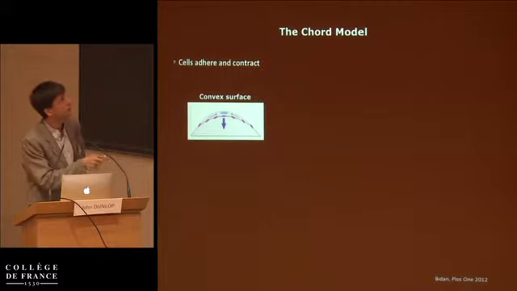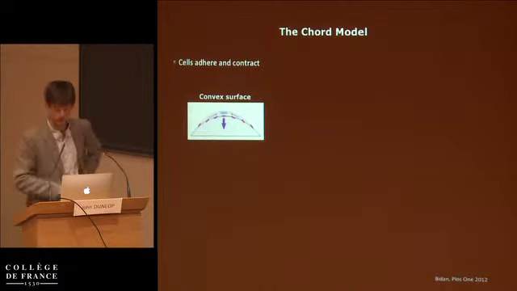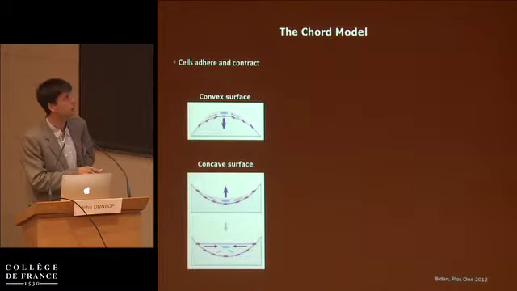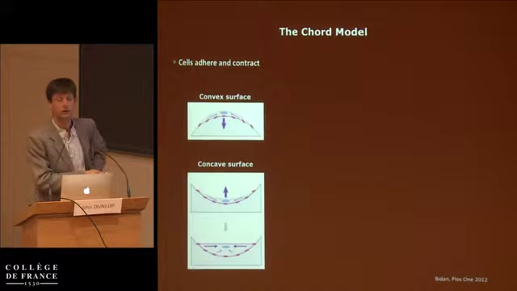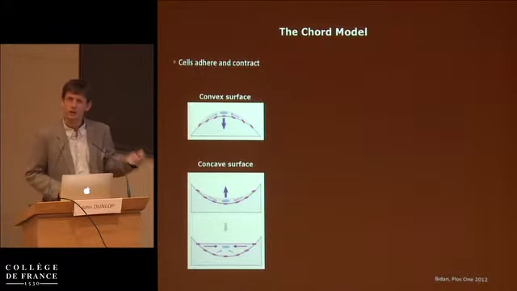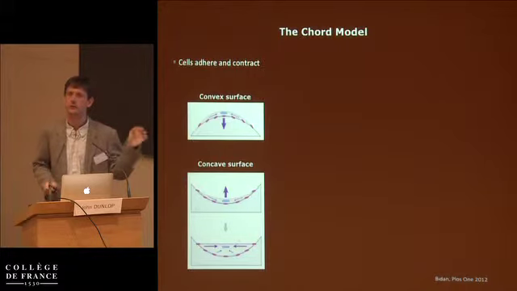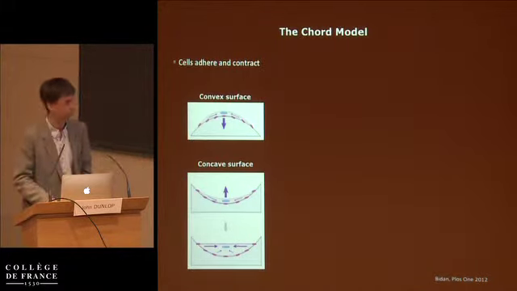So if they're sitting on a concave surface, cells, when they start contracting, well, you end up with a resultant which is pointing downwards. If you look on a convex surface, then you would expect the resultant to be going in the opposite direction. So here one has a bit of a mechanism of how these tiny cells can feel these large geometries that we observed in the previous experiments.